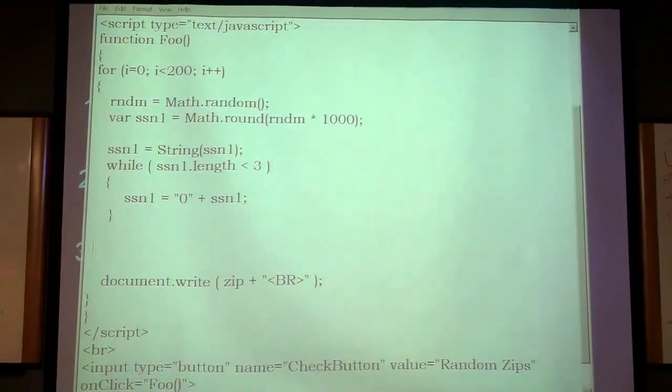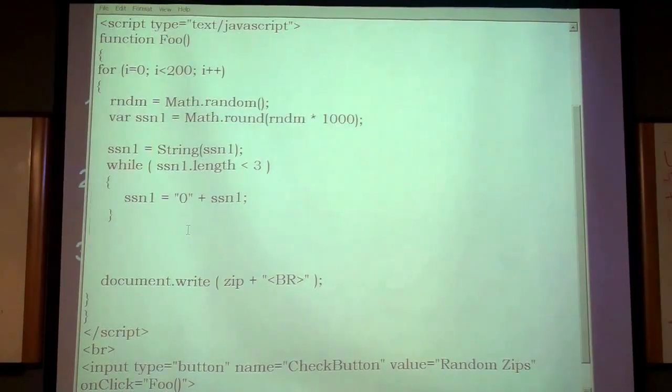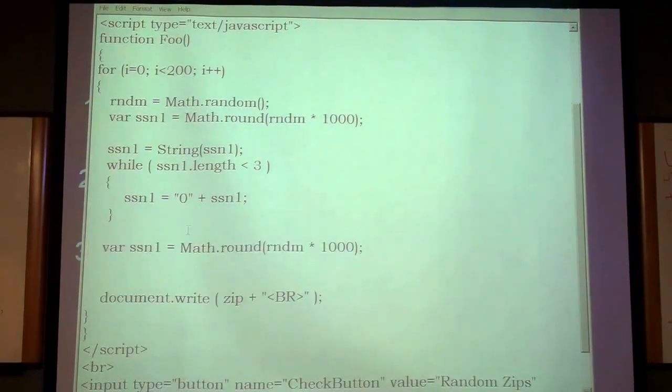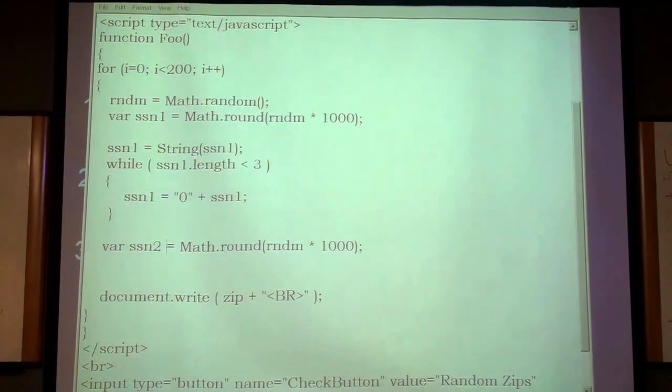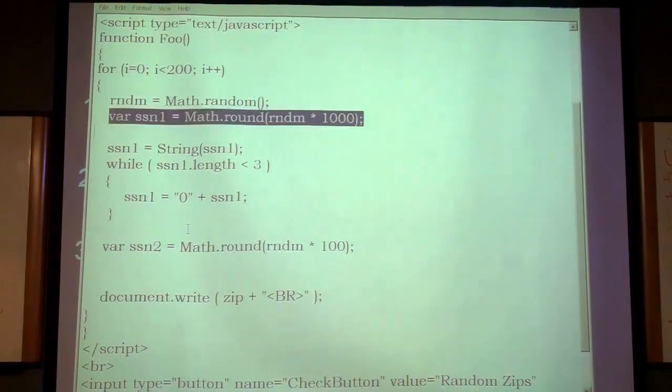So what I do here is create another random SSN part. I call it SSN2. The second number should be 2 digits, right? So I multiply by 100, and again, I have to round it and do essentially the same.